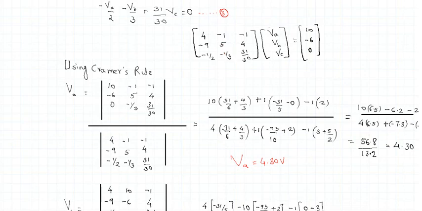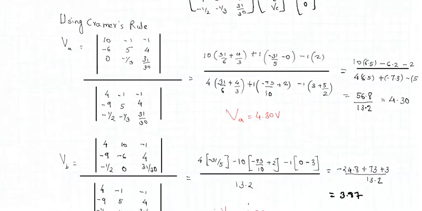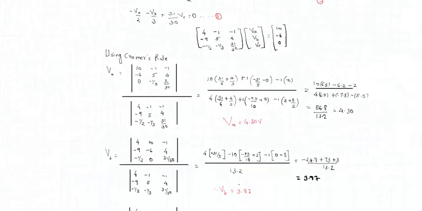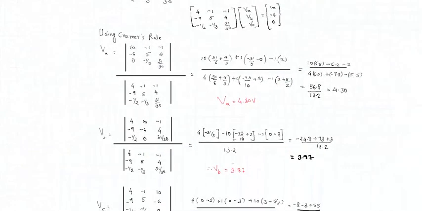You can see here how we have formulated the equation for VB. We have considered the first and third columns as they are, whereas the middle column is replaced by the constants 10, minus 6 and 0. What about the denominator?